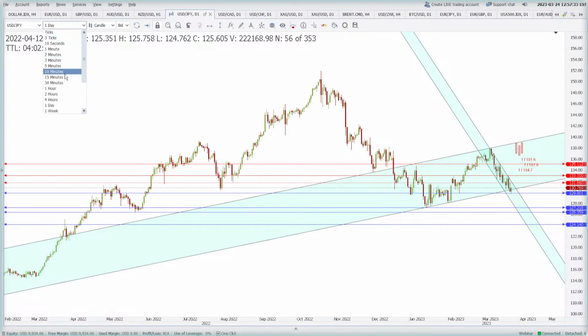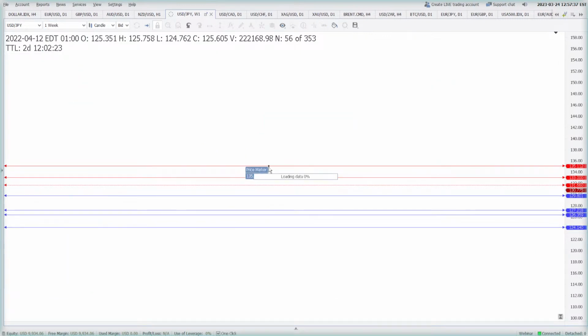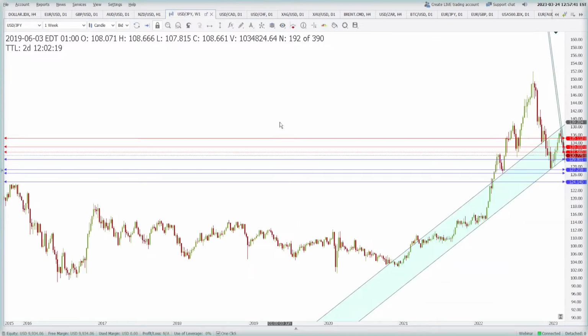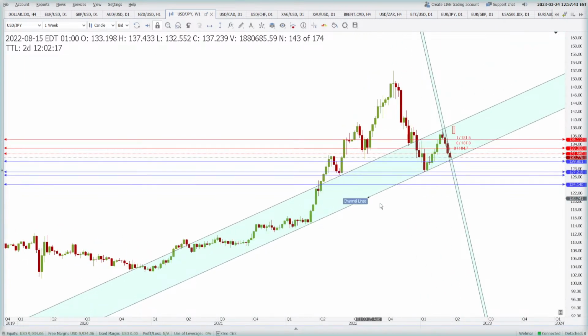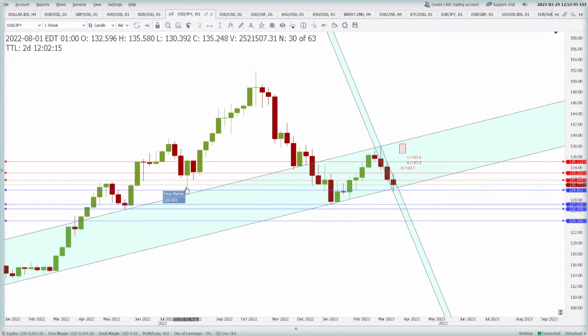I'll show you. These are your weekly or monthly candles most of the time. You see this low here, this is your swing low, this is your swing high. These are weekly candles.